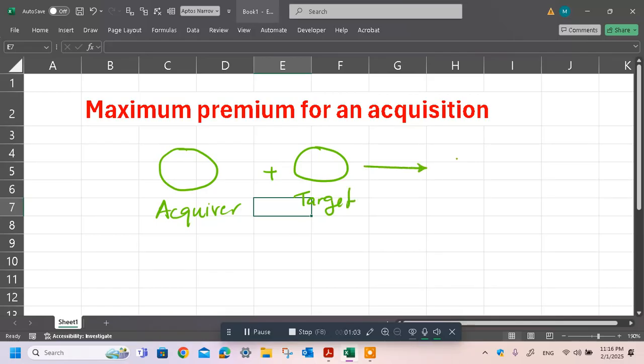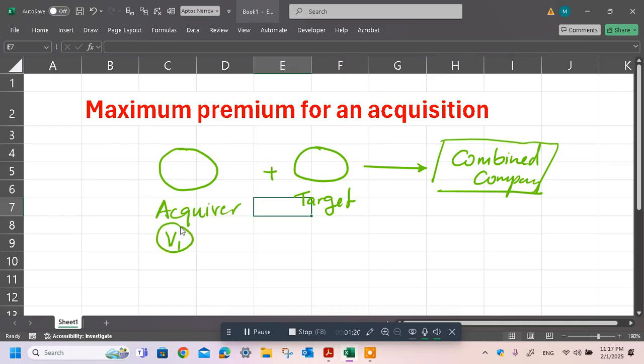You acquire, then you have the combined company. So what we do, we first find V1, the equity value of acquirer.